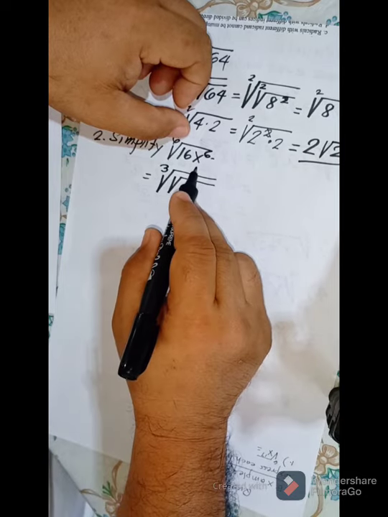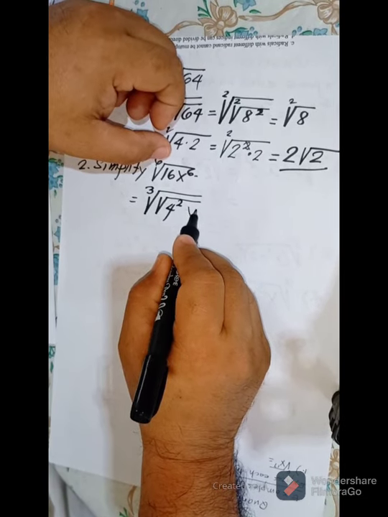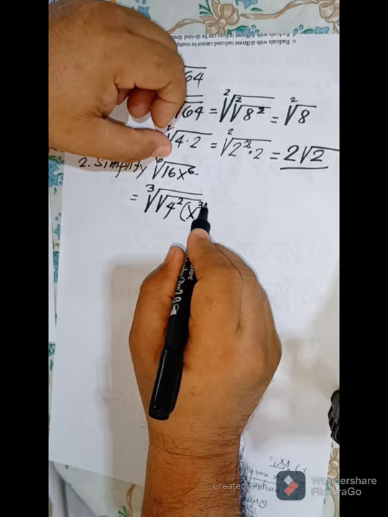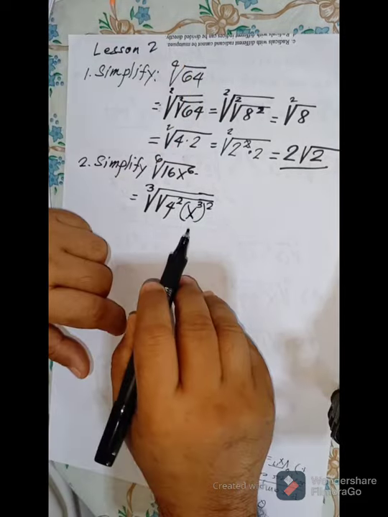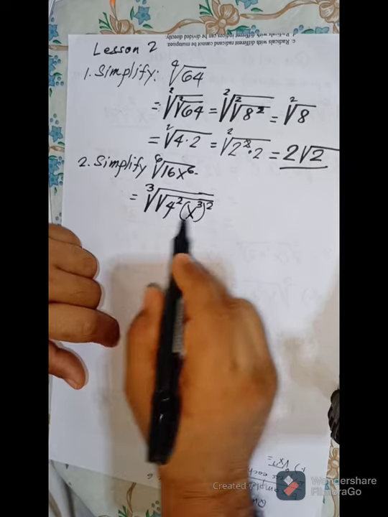Then x to the power 6 may be written as x cubed squared, so that the exponent 2 becomes equal to the index.